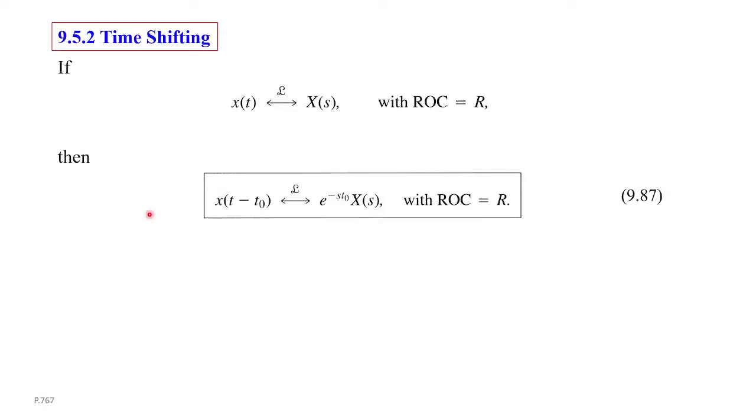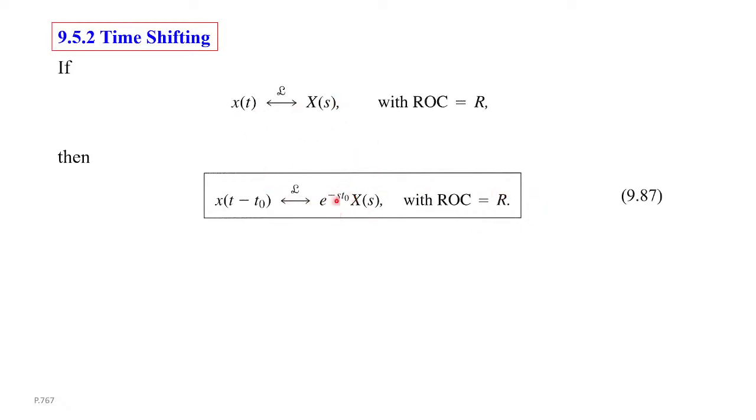Okay, and we can do the time shifting property. Once again, this is really similar to the Fourier transform, and the derivation is the same. You can look at one of the two formulas of the Laplace transform, the analysis relation, and do this change of variable.